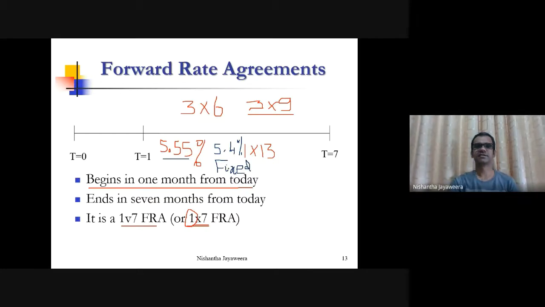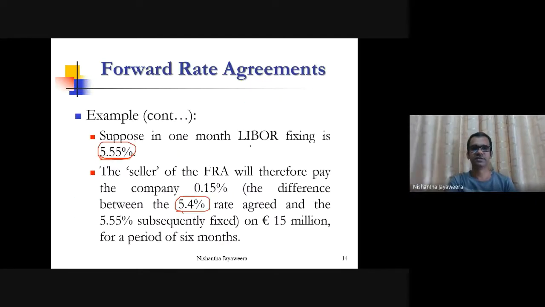This is the current rate. So the current benchmark rate is higher than the fixed rate. So as the FRA buyer, you receive this, you pay this. Therefore, the difference will be received. The difference between the 5.4 rate agreed and the 5.55 current rate will be received by the FRA buyer or paid by the FRA seller.